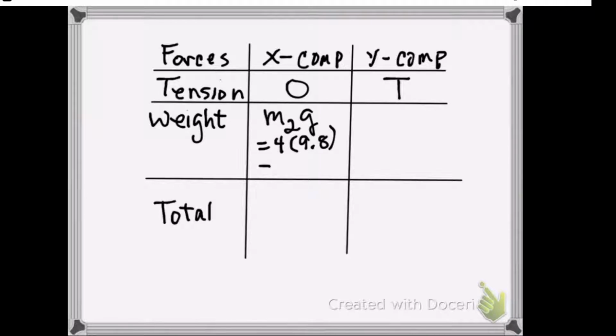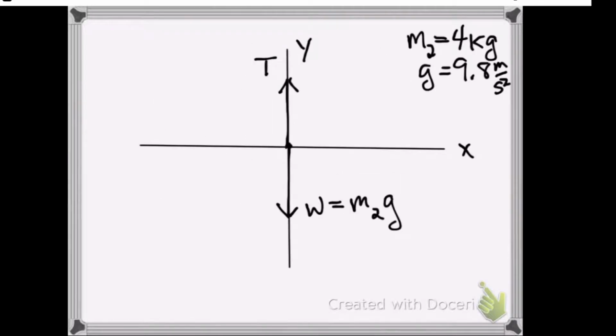Oops, I'm putting that in the wrong place. Excuse me. The x component of the weight is 0. Just checking to make sure you're paying attention. Okay, so the x component of the weight is 0. It's the y component of the weight that is M2g, and we want to notice that it's actually negative M2g, and it's negative because it's pulling down.